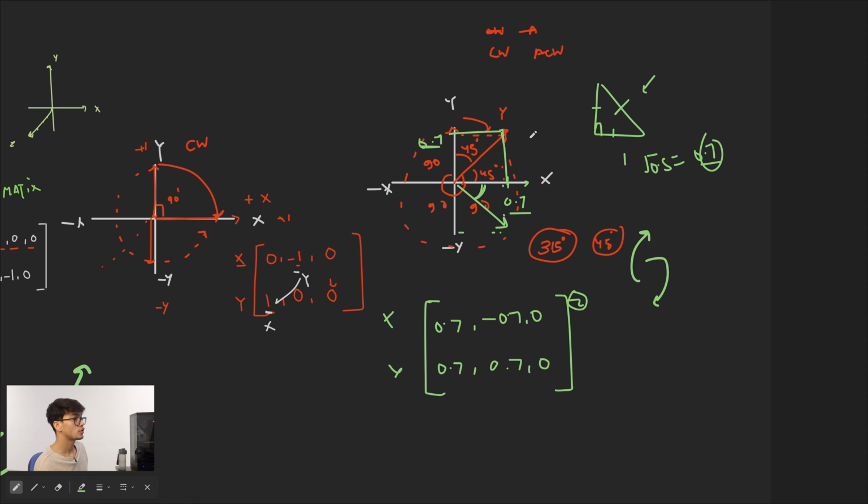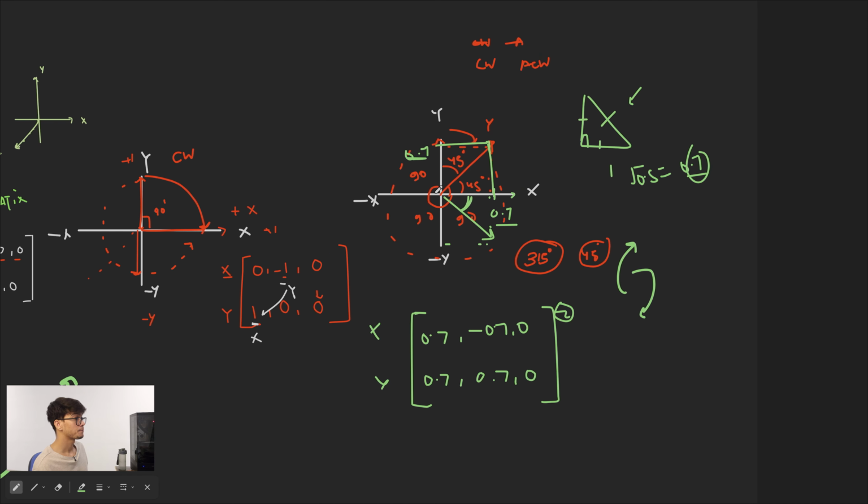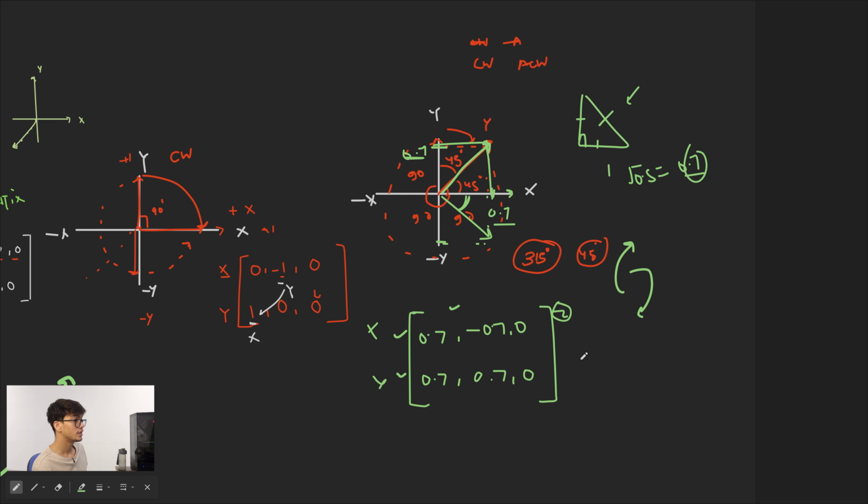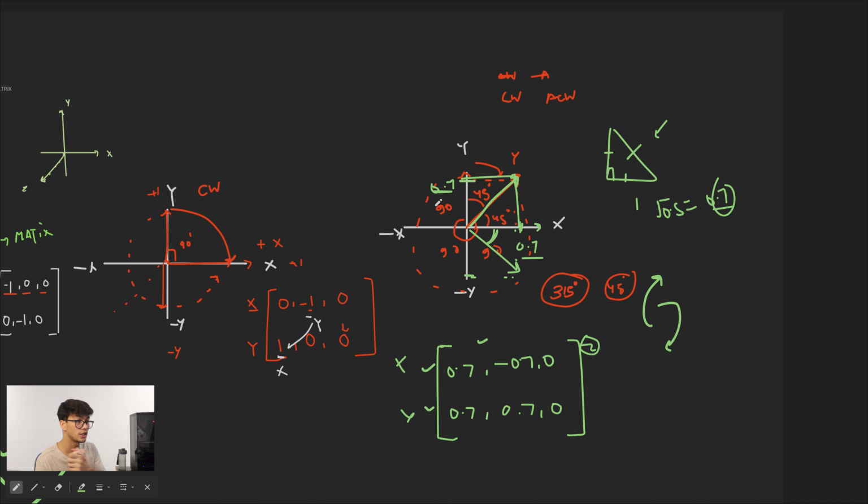Let's talk about this anti-clockwise path. When you move from this to this and you take this path, what will be this vector value? It would be the same. If you see, it's the same, right? So you will get the same value. It doesn't matter if you move clockwise or anti-clockwise.